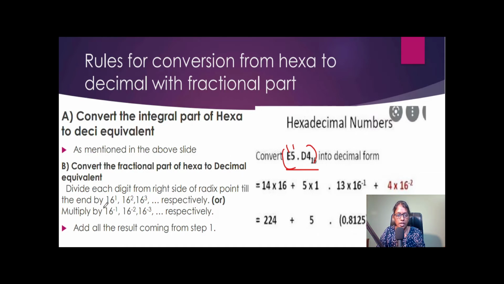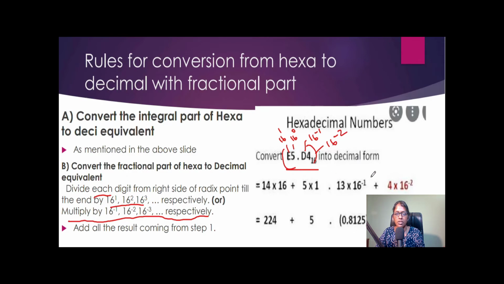We can divide each digit by 16 to the power, or we can multiply by 16 to the power of -1, 16 to the -2 and so on. So this is 16 power 0 and this is 16 power 1, and d will be multiplied by 16 power -1, 4 is multiplied by 16 power -2.